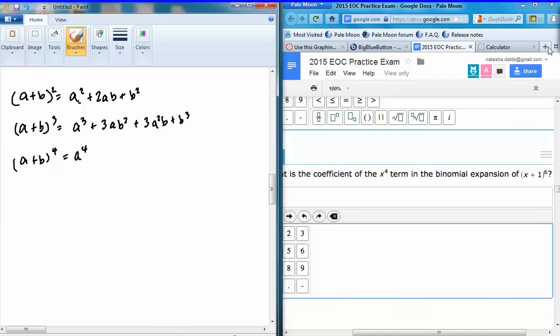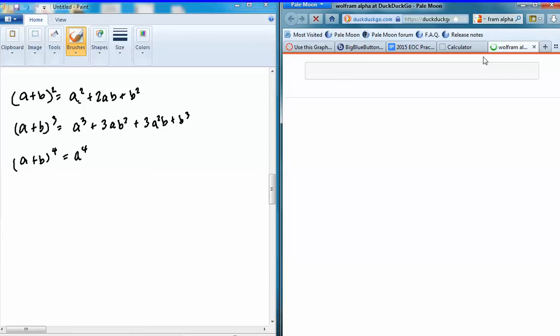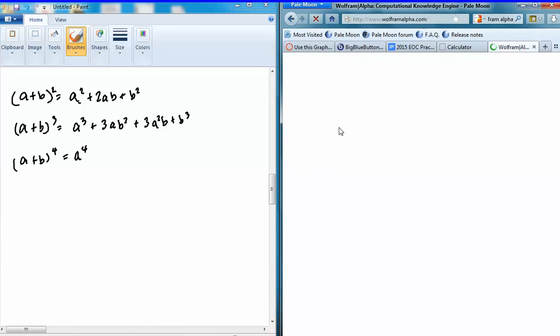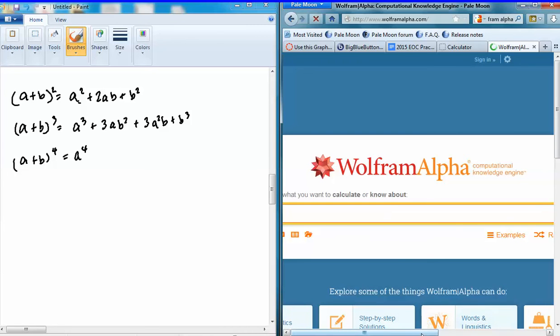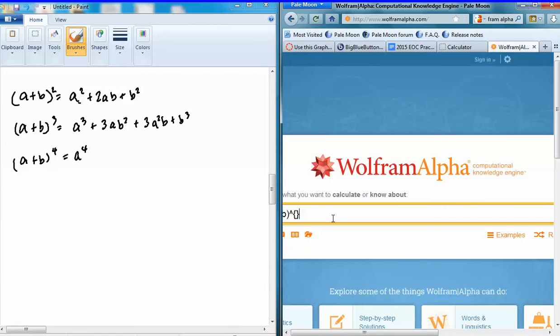Let's go to Wolfram Alpha and see what it says. Now, you won't have Wolfram Alpha on your test, so don't rely on this thing, but I'm just showing you. What is a plus b to the 4th power?